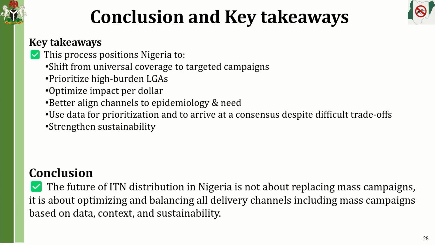So in conclusion, it's not just about replacing mass campaign. Mass campaigns can still take place, but it should be targeted and tailored to exactly where it's needed, based on data, context, and sustainability. I think that's my last slide.